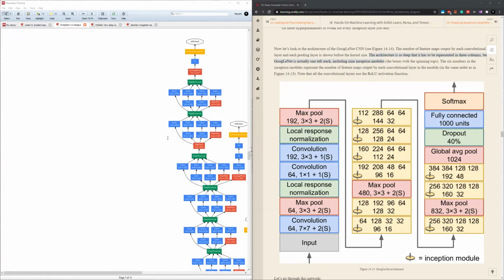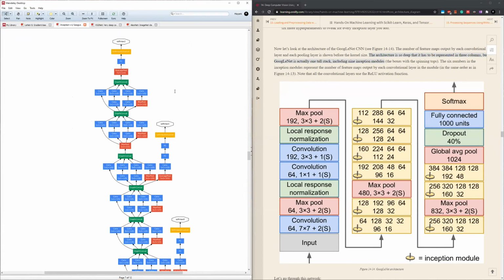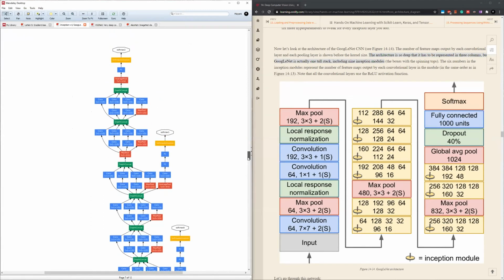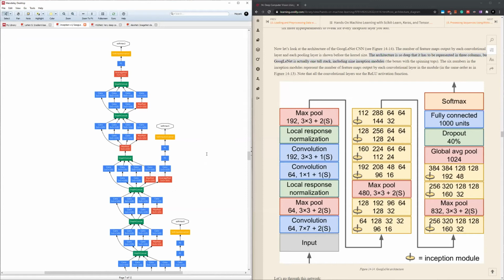If you can see this, it's the same thing, just that these are the Inception modules 1, 2, 3, 4, 5, 6, 7, 8, and 9. These are the 9 Inception modules that they have used along this path.